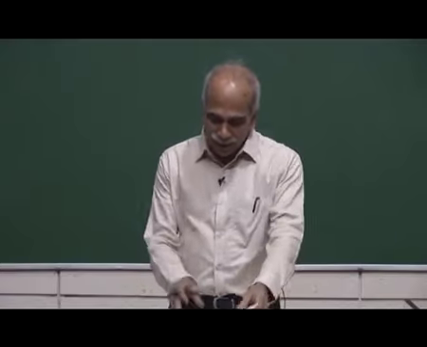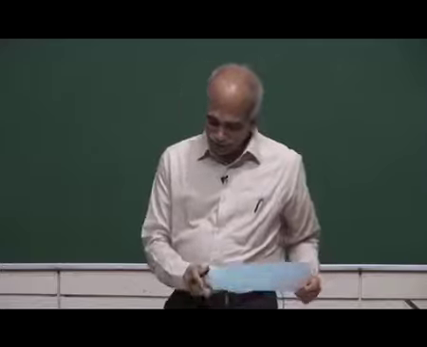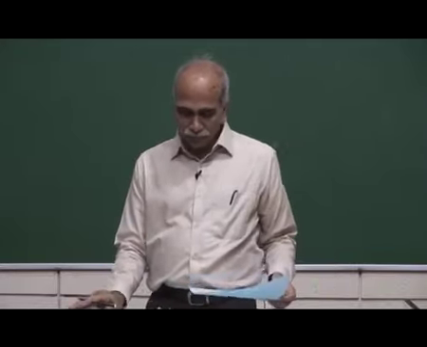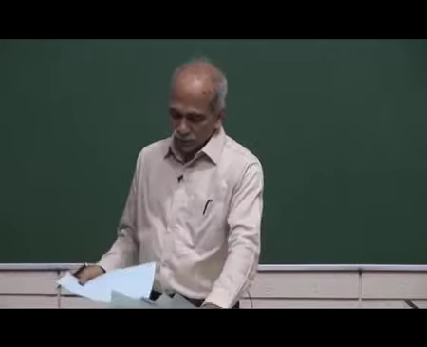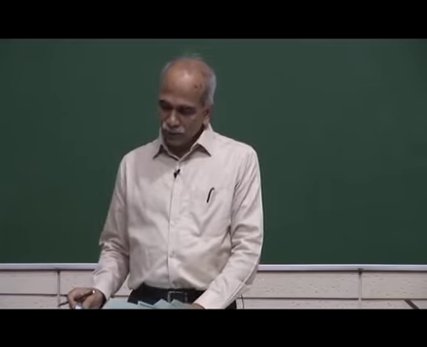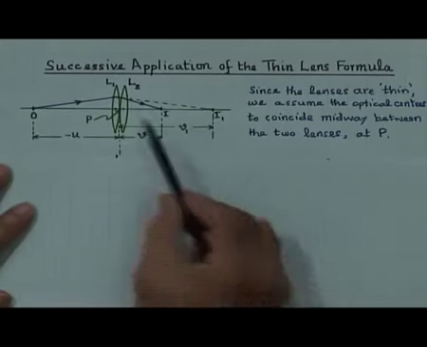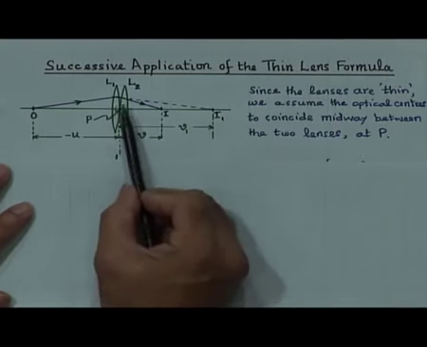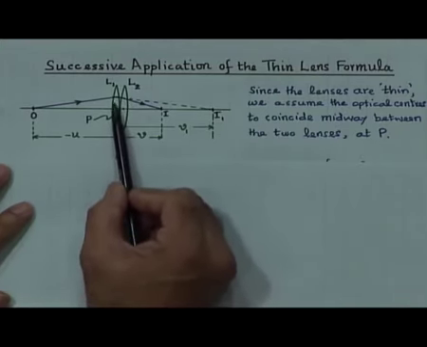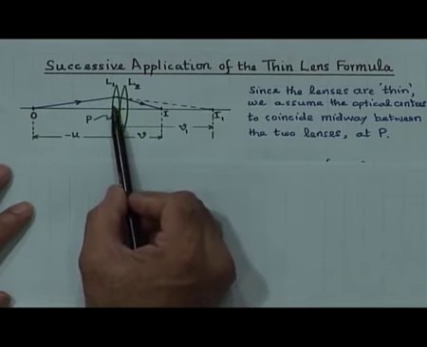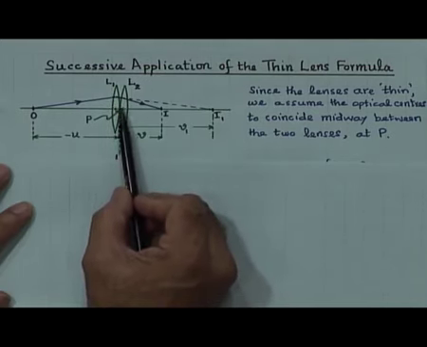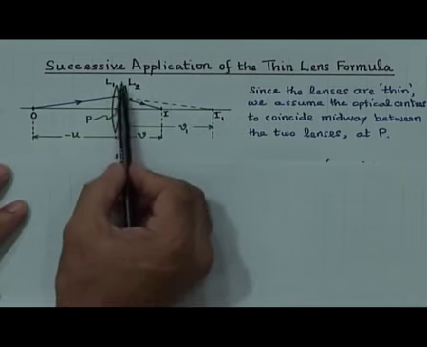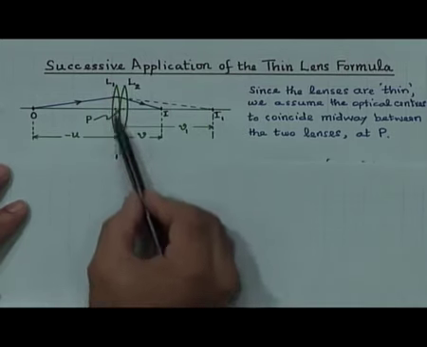So that the picture will become clear, let me place this. Now let us look at this. So here it is. Let me cover the rest. First, successive application of the thin lens formula. There are two lenses. So first we treat the first lens, refraction at the first lens and then the second lens. Earlier we treated refraction at the first interface and the second interface.